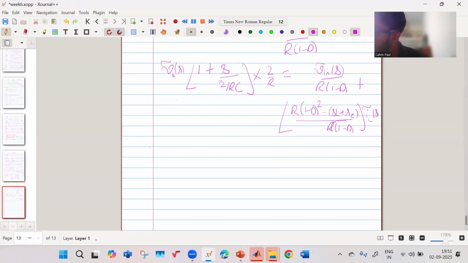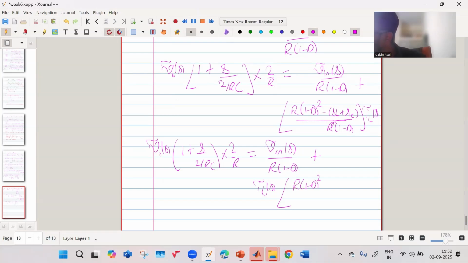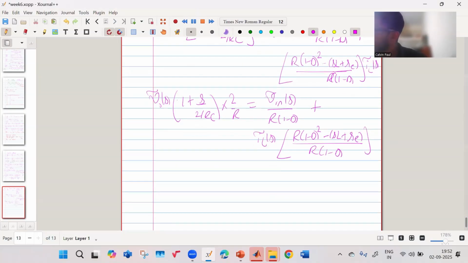So we get V output per turb of S, 1 plus S upon 2 upon RC into 2 by R. This is V in per turb of S by R 1 minus D plus IC per turb of S into R 1 minus D the whole square minus SL plus RE into R 1 minus D. Okay.